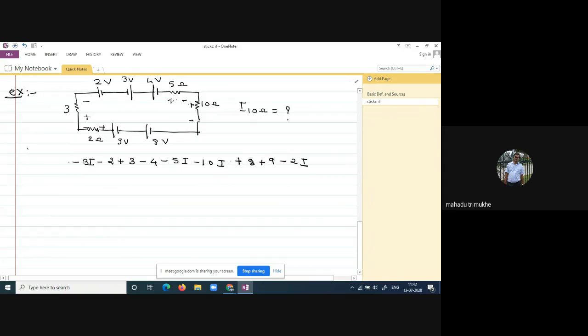When you separate out the voltage sources, we can separate out 8 plus 9.